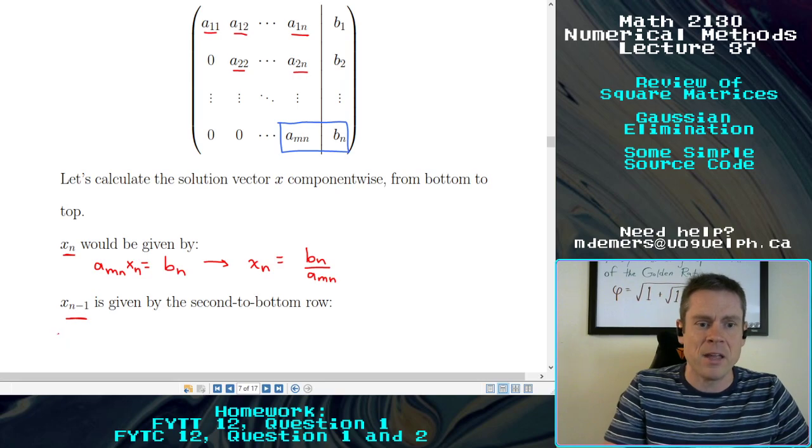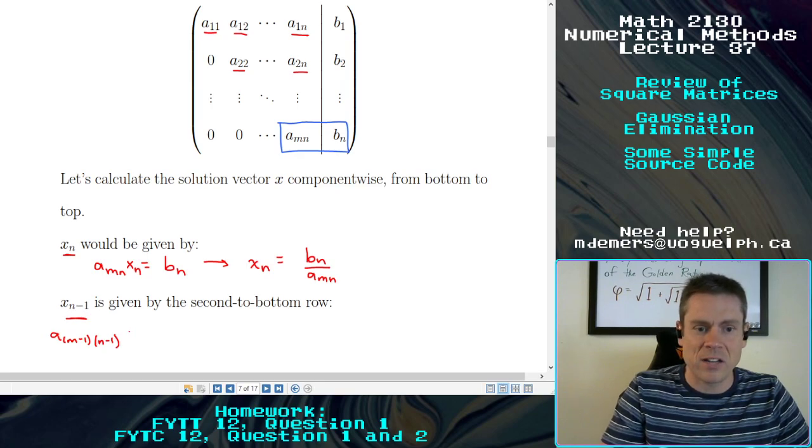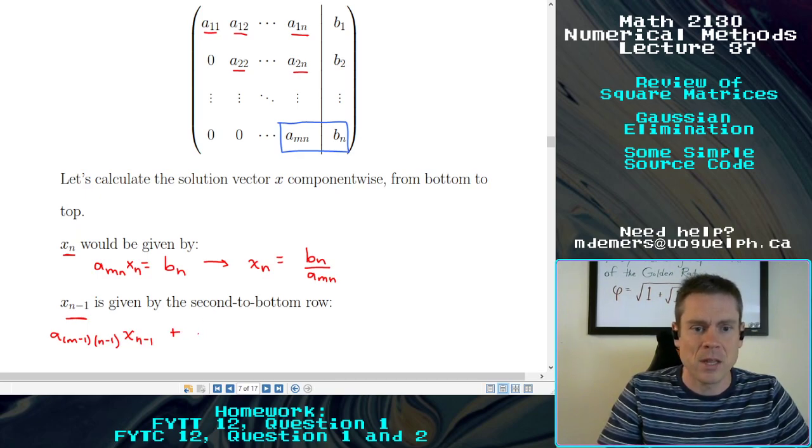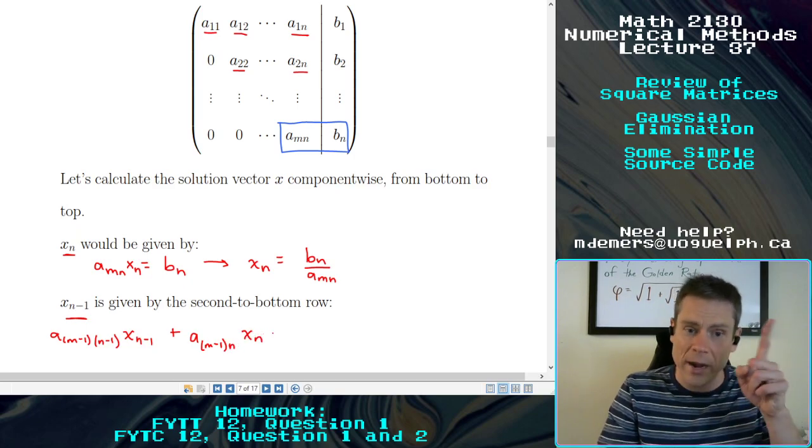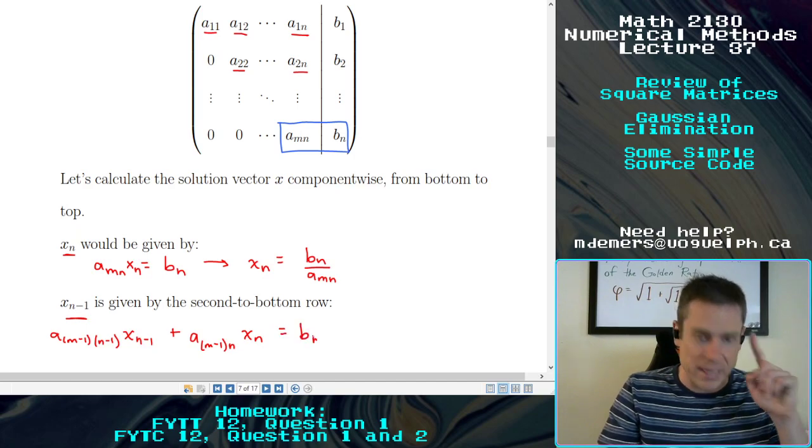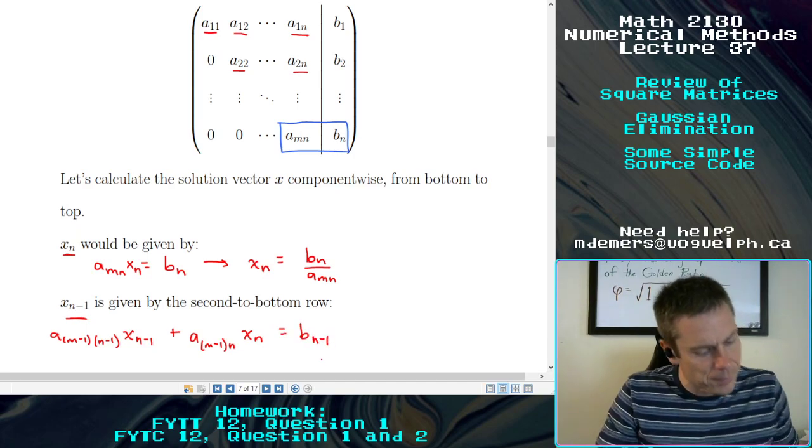We're going to have a(m-1),(n-1) times xn minus 1, thinking of the multiplication, plus a(m-1),n times xn. We know what xn is. That is going to equal b(n-1).